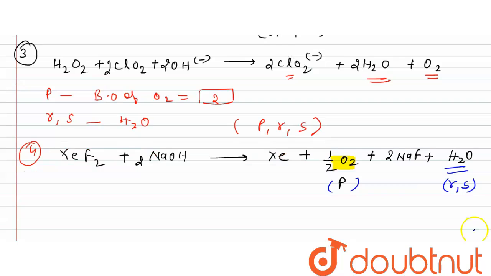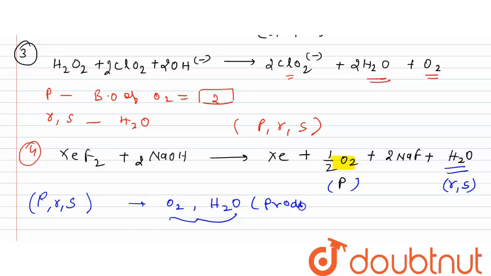No, there is no peroxide linkages. So finally your answer will be again same P, R and S, right? Because you have oxygen and you have water as the product. These are the products which are satisfying the column 2 information, right?